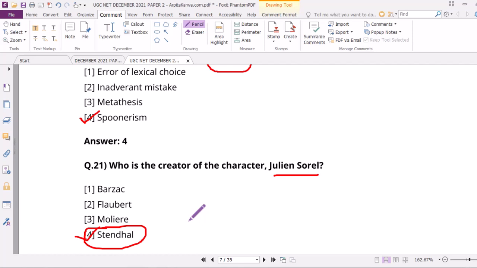Again, these authors given here, first of all, this is Balzac, not Barzac. All these authors are very famous authors of European literature, and these are the names you definitely must know. Red and Black is a classic work of Stendhal, his main work. So this is something you should definitely prepare.